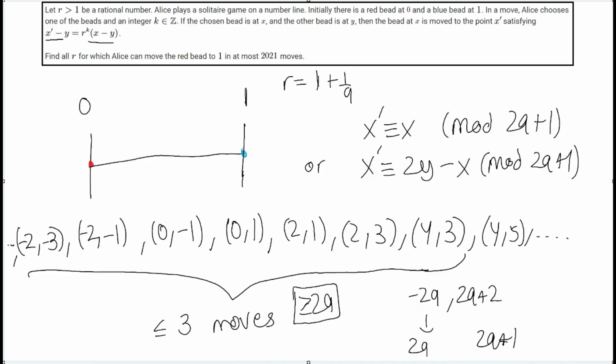And this basically proves that q is less than or equal to 1010, because this must be less than or equal to 2021, and that requires q is less than or equal to 1010.